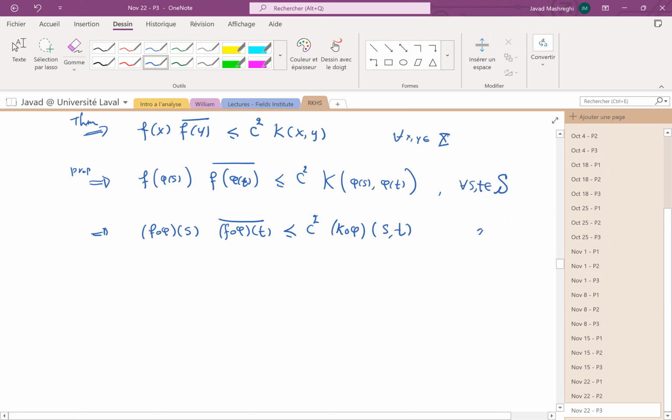And one more time, it's the same theorem that I applied here, but from the other way, so it was an equivalent condition. So when I have this, it implies that f composed with phi is in this space.